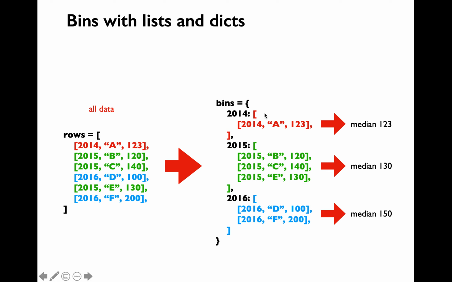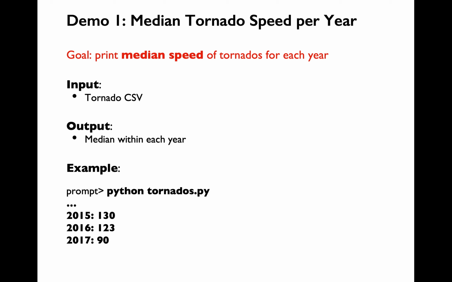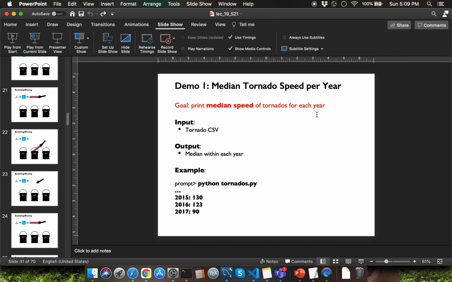It is very easy for you to perform such a computation because you have already structured the data in such a way that you have buckets using the years, and within each year bucket, you're going to have the corresponding rows from your original data set. I'll wrap up this video here. In the next video, we'll go through the demo problem for converting list of list data structure into dictionary of list of lists.